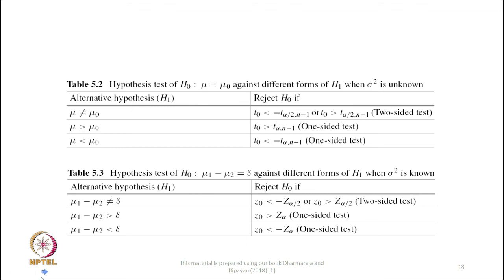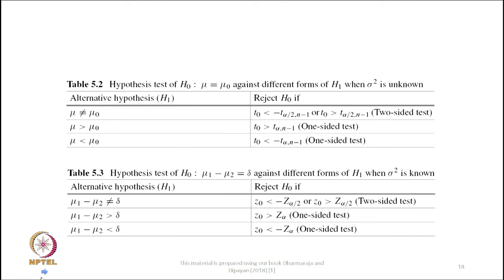Therefore, you reject the null hypothesis if such and such condition is satisfied. So, step 3 and step 4 are the same, but now in step 4 there is only one point at which the critical region has probability alpha.